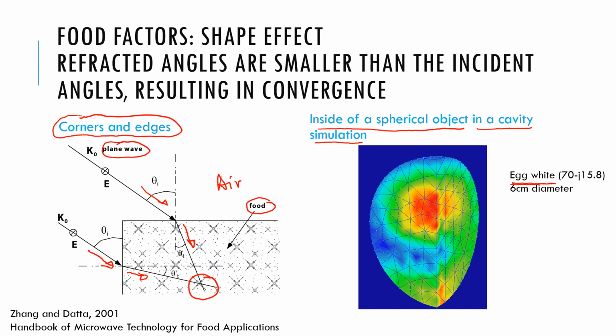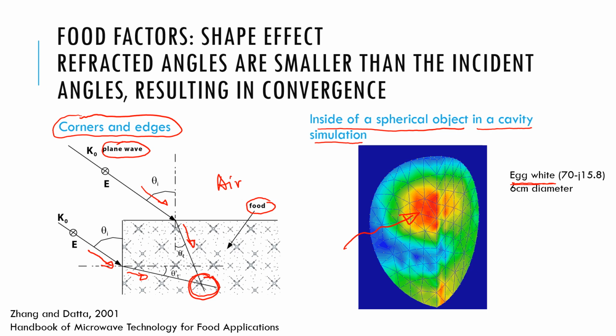So you can see that there's quite a bit of enhanced electric field deep inside, and it's basically the same kind of effect that we were talking about before, that the refracted angles are smaller than the angle of reflection.